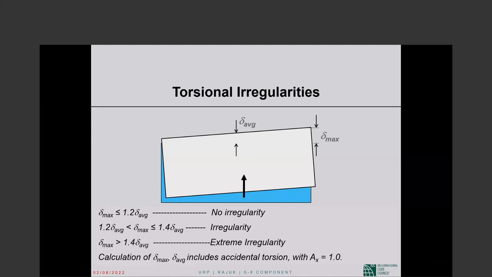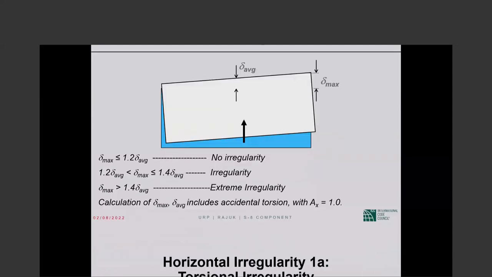If delta maximum is larger than 140% of delta average, we have extreme torsional irregularity. So we have defined torsional irregularity 1A and extreme torsional irregularity 1B with this one picture. Up to 1.2, no irregularity. Between 1.2 and 1.4, we have type 1A. Above 1.4, we have type 1B.